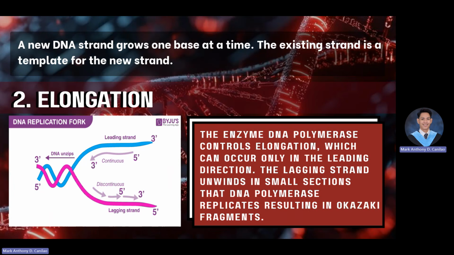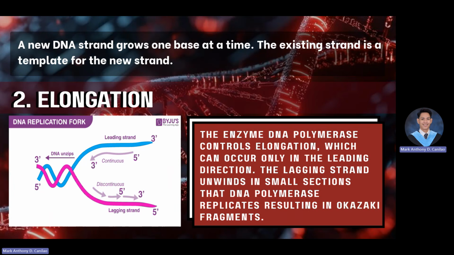In elongation, I want you to realize that there are two types of strand that need to be synthesized, namely the leading strand and the lagging strand. The leading strand is continuous in nature because it is directed towards the replication fork, so the giving of the nucleotide base is said to be continuous. On the other hand, we have the lagging strand.